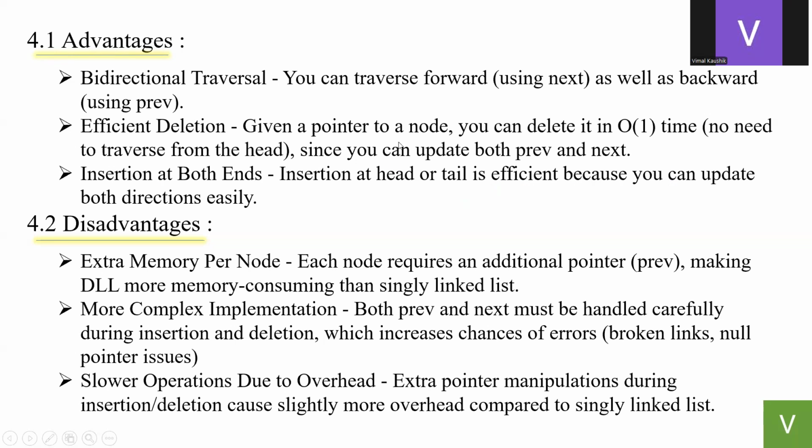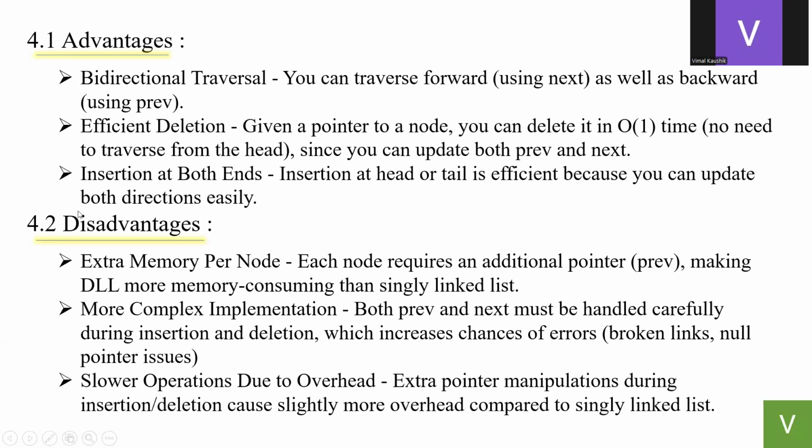Given a pointer to the node, you can delete it in omega of 1 time. No need to traverse from the head, since you can update both previous and next, which is start and last. Insertion at both ends. So insertion is also flexible. We can insert at the head or a tail.